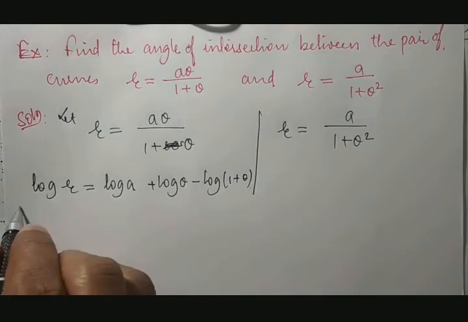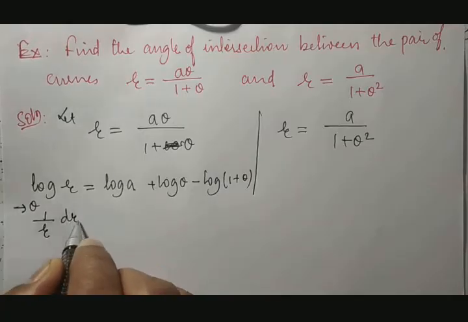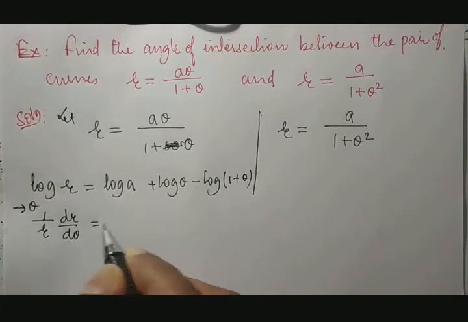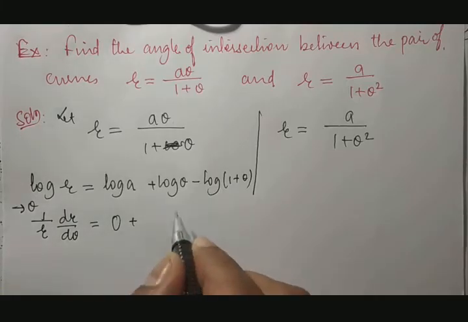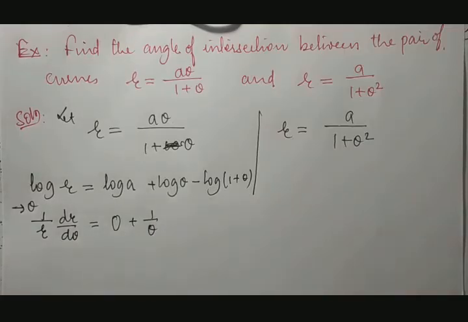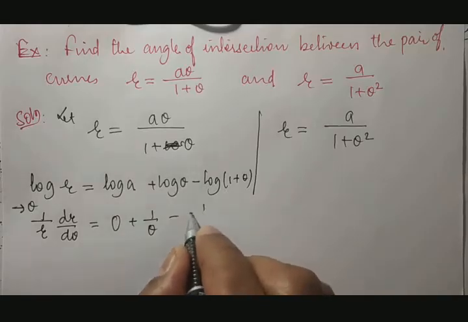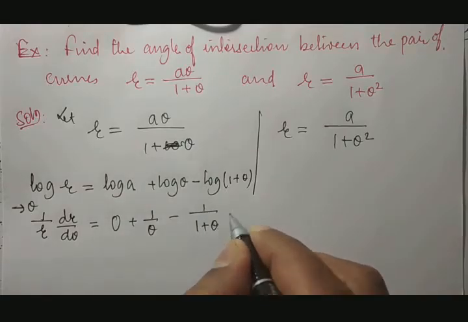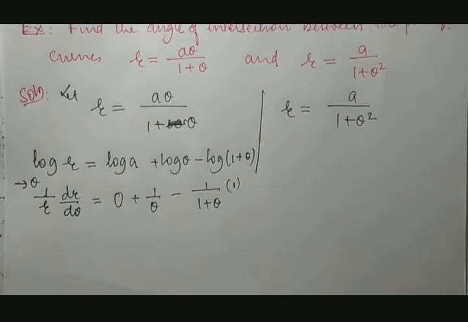Differentiating with respect to theta, 1 by r into dr by d theta is equal to differentiation of log a, which is 0, plus differentiation of log theta, which is 1 by theta, minus 1 divided by 1 plus theta, and the differentiation of the bracket provides 1.